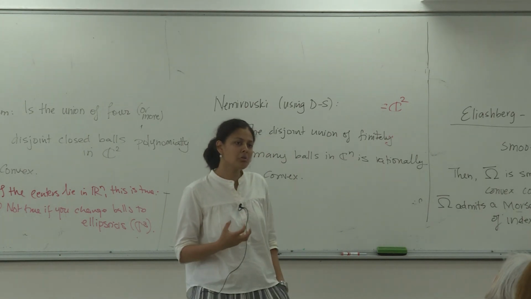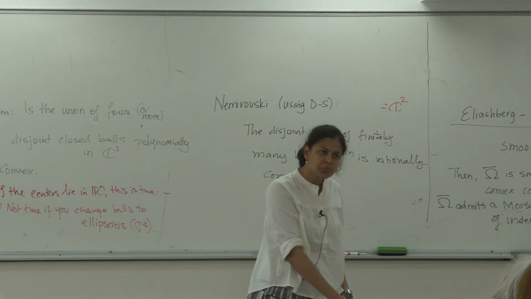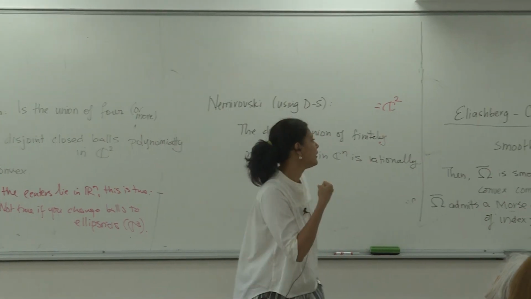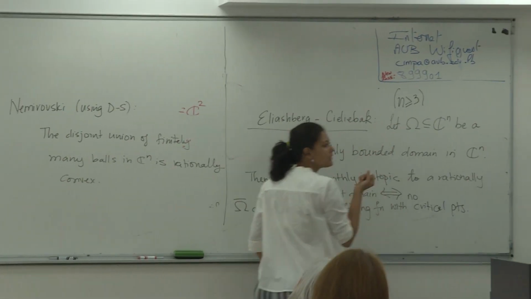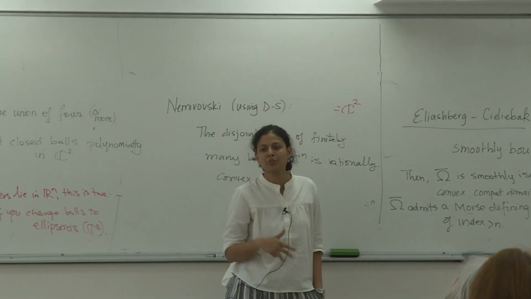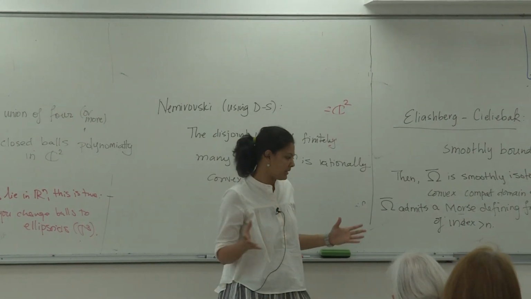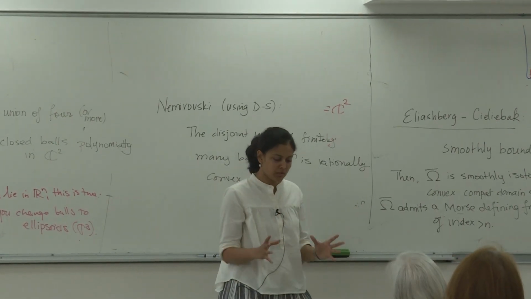They want to know when these spheres can appear as smooth boundaries of rationally convex domains in C2, or as smooth boundaries of strongly pseudo-convex domains in C2.